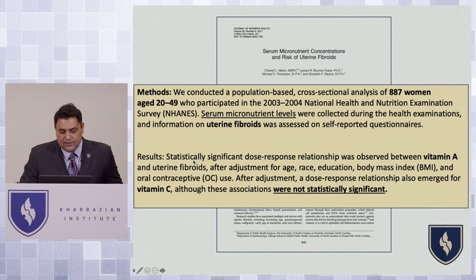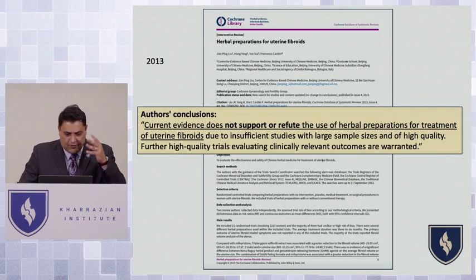What they found was a statistically significant dose-response relationship between vitamin A and uterine fibroids after they adjusted for age, race, and everything else. Maybe a little response with vitamin C, but really nothing else. They don't really find micronutrients to be a direct factor with uterine fibroids, so you probably wouldn't expect to see much change with nutraceuticals for that.